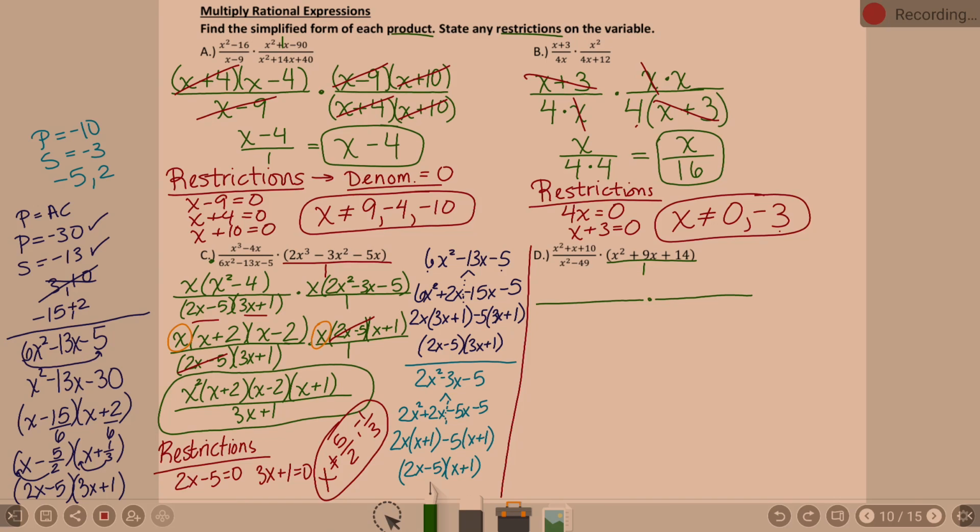What do I need? Something that multiplies to be 10 and adds to be 1. What multiplies to be 10? 2 and 5. 1 and 10. Do either of those give me 1? No. Guess what? It doesn't factor. Leave it as is.